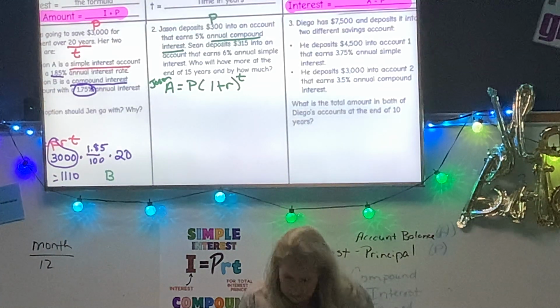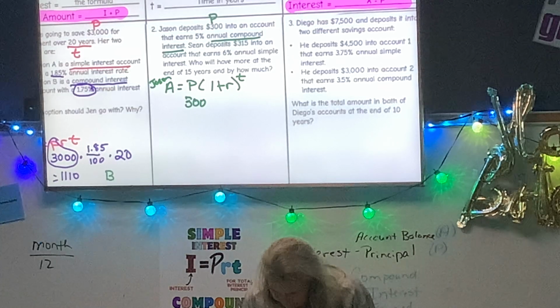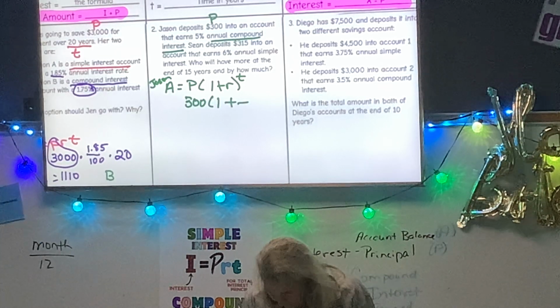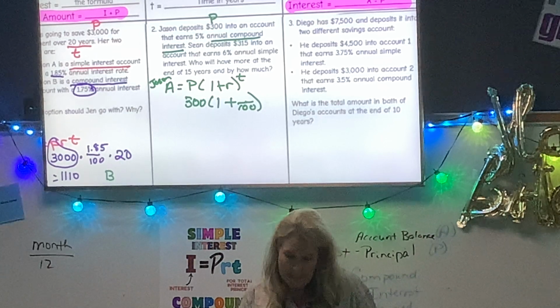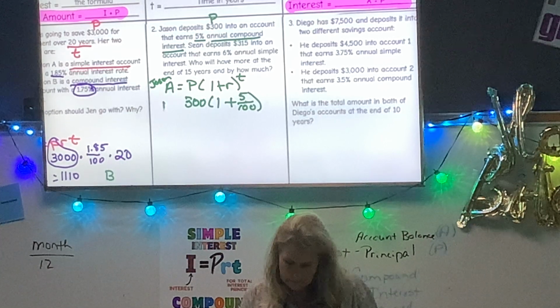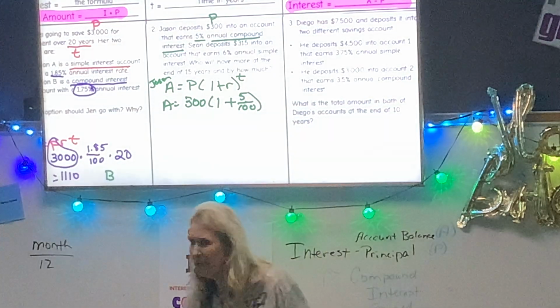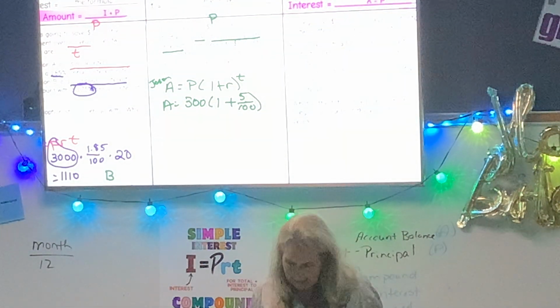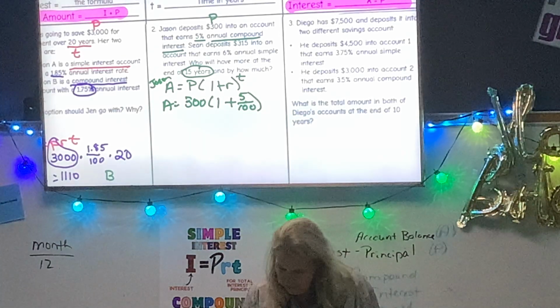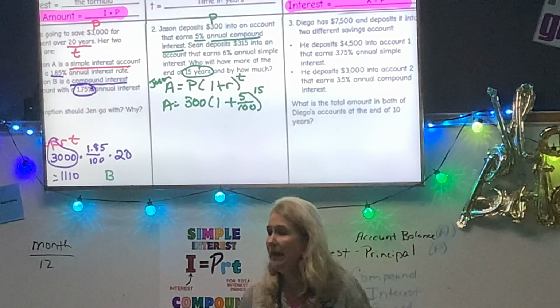P is the money I put in. My percent is 5. Now sometimes you have to read at the bottom, glance at the bottom of the question, because they like putting the years at the end. I don't know why. 15 years, so that is my exponent.